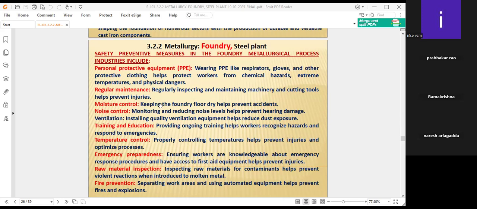For example, keeping the foundry floor dry helps prevent accidents, because where there is very high heat, a lot of water is used in the cooling process. If you do not maintain the slopes of the floors, drained water will not go away, and stagnant water will remain on one side. Therefore, moisture will not be controlled. That's why the foundry floor should definitely be dry.